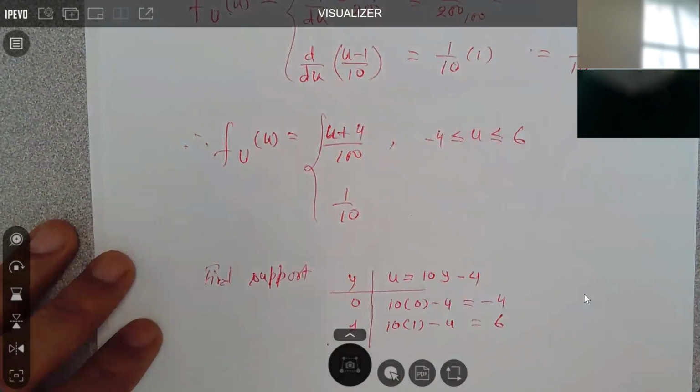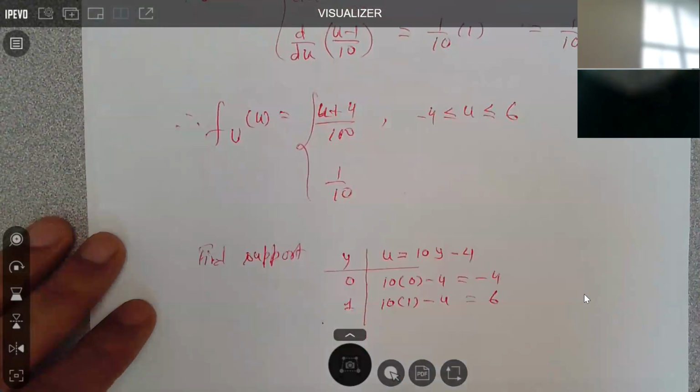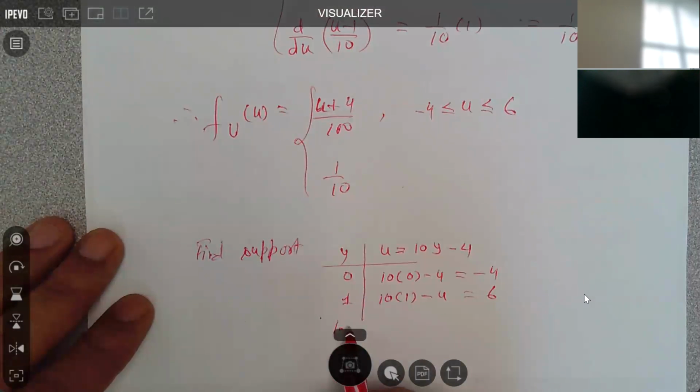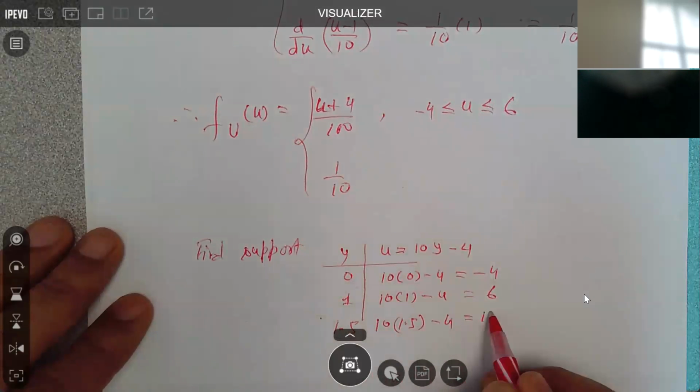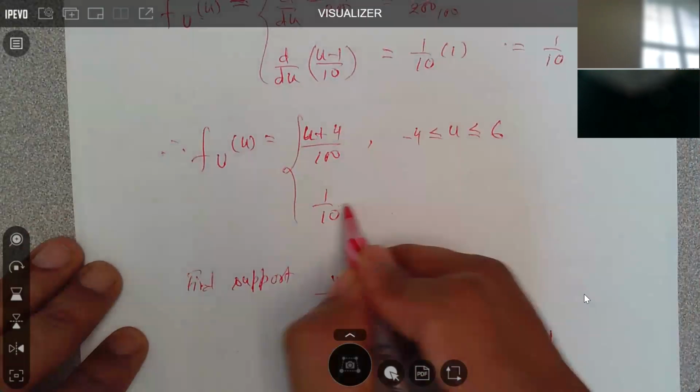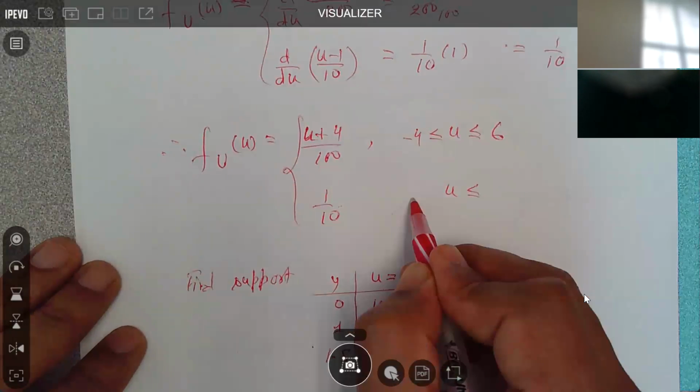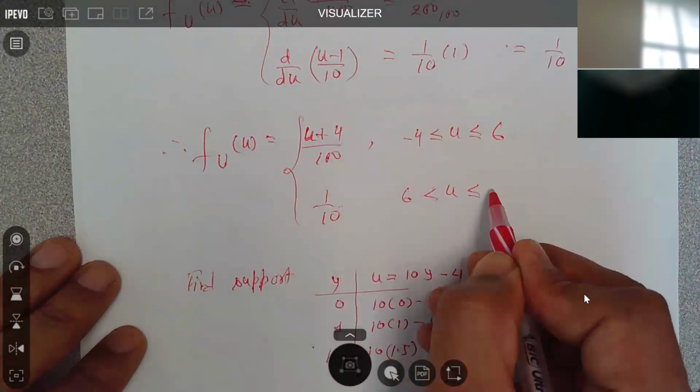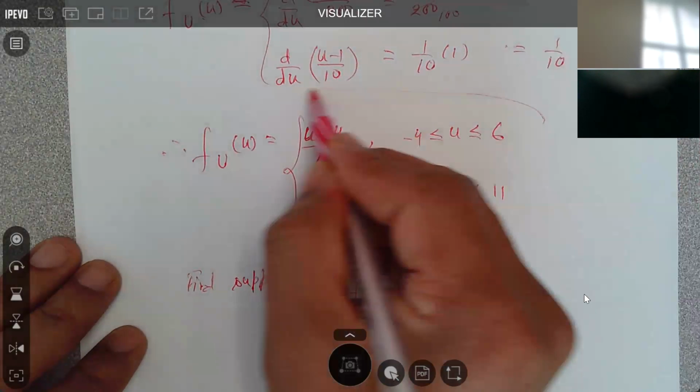Now, whenever y equals 1.5, 10 times 1.5 minus 4, so this is 15 minus 4, which equals 11. So for this one here, u lies between 6 to 11. And this is the answer here.